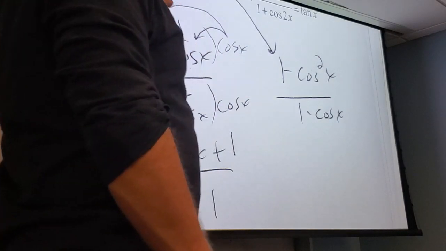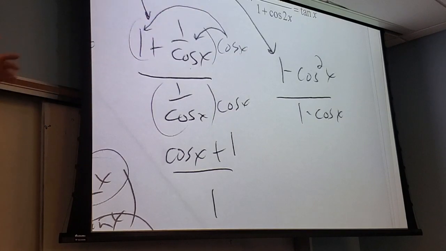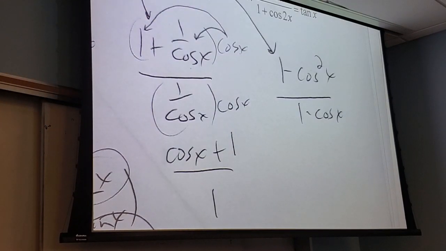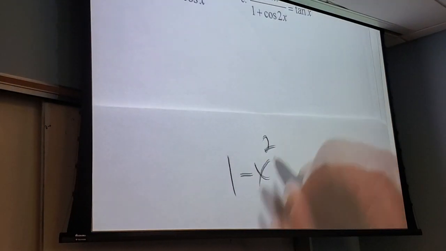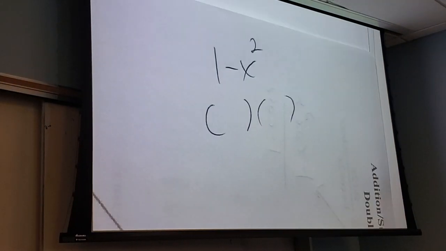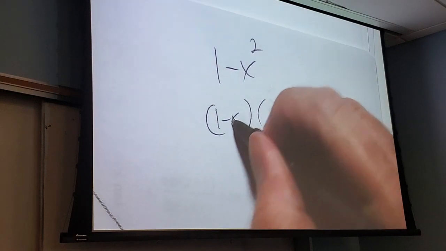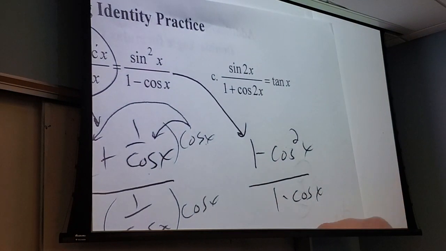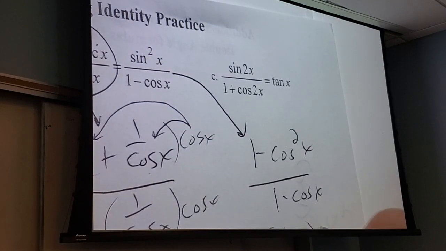Don't you have 1 is 1 squared, cosine squared is cosine squared? So real quick, what is 1 minus x squared? How do you factor that? 1 minus x. Kick ass. So what's 1 minus cosine squared? 1 minus cosine, 1 plus cosine.